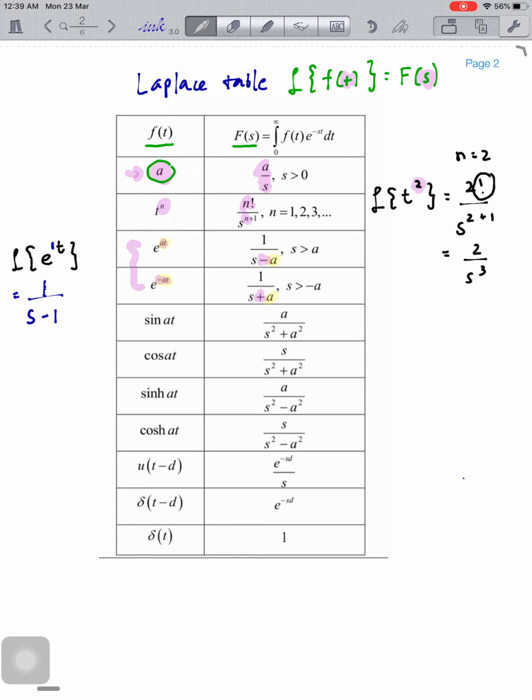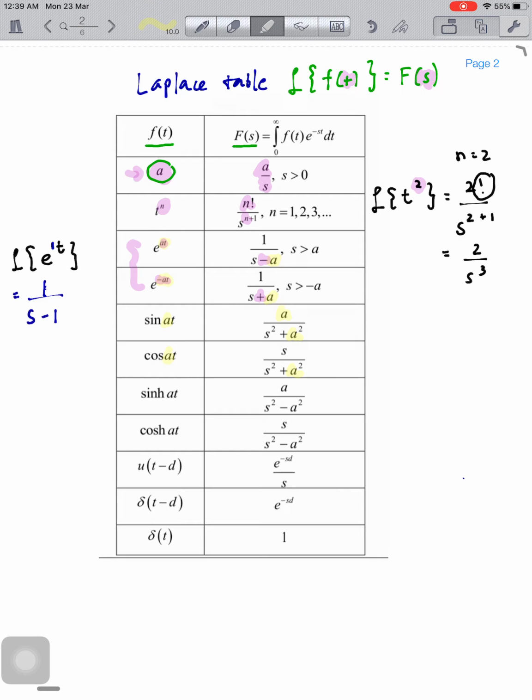That's it. And then we also have the Laplace transform for sine and cos again. So what you have to do is identify the value of a and substitute right there. And how do you find the value of a? That is going to be the angle of the trigonometric function. So it's going to be the coefficient of t. There's only a slight difference between the sine and the cos.